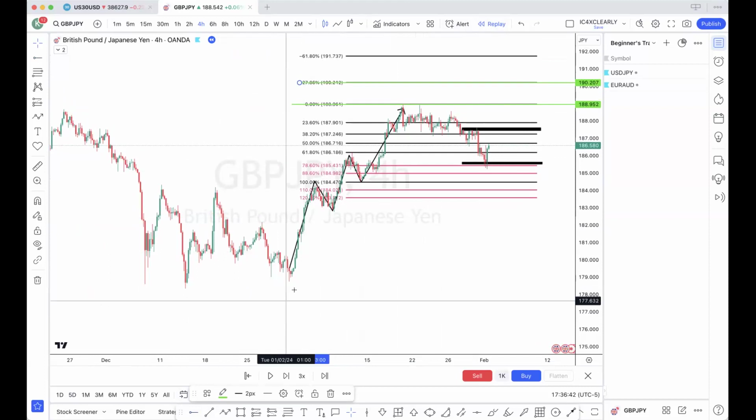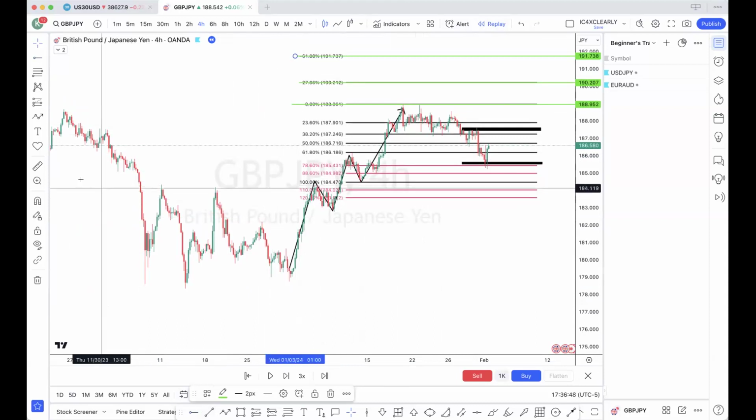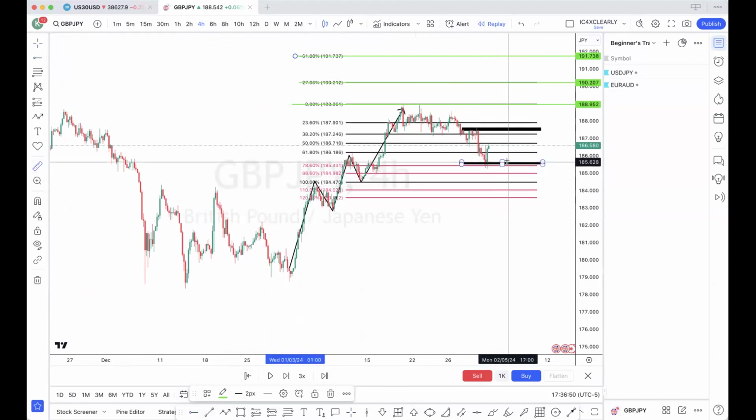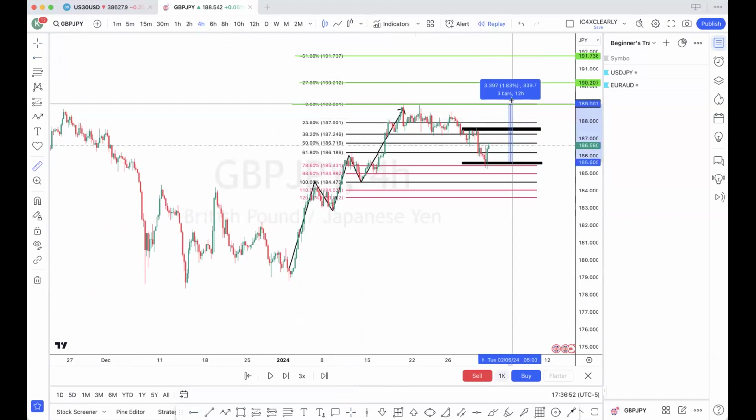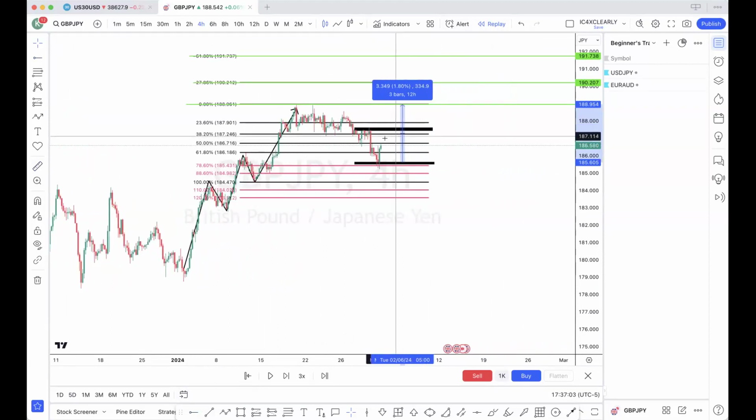And then -61 is always TP3 if it goes that far. But from the 78, and then I'm gonna go down to here, it's 334 pips. And I think that happened all this week.